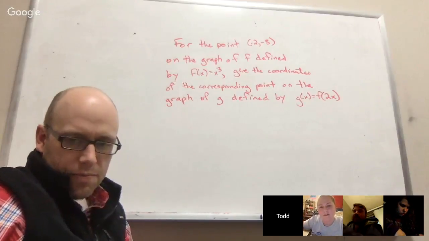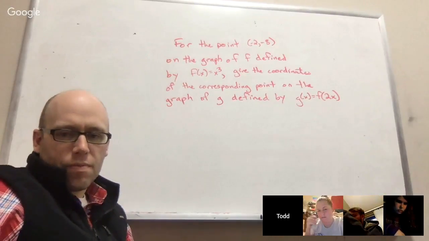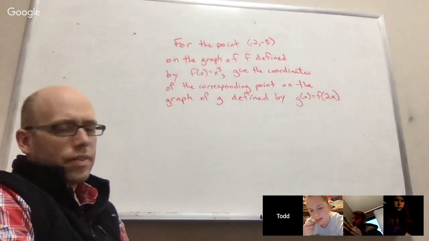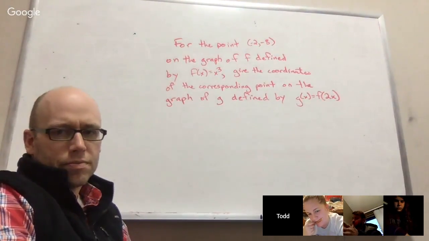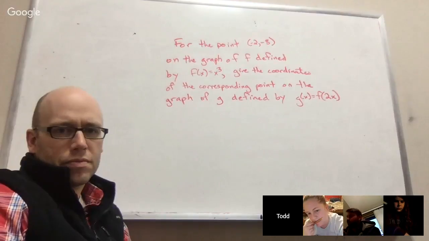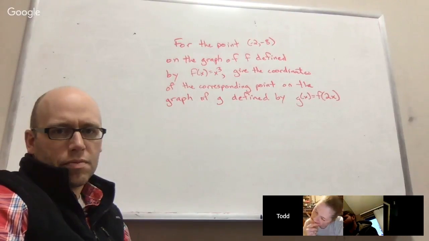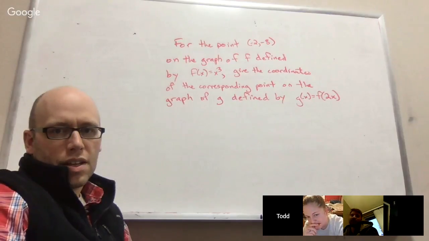Is it going to affect the amplitude or the, what's the other word here? Is it because it's not going to shift it left or right or move it up or down? I'm missing one of these terms.